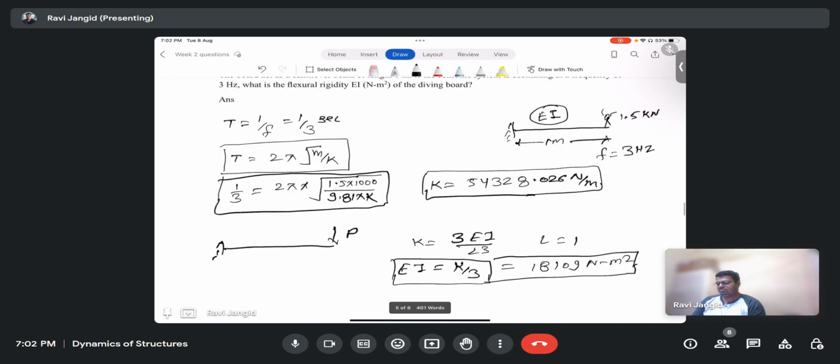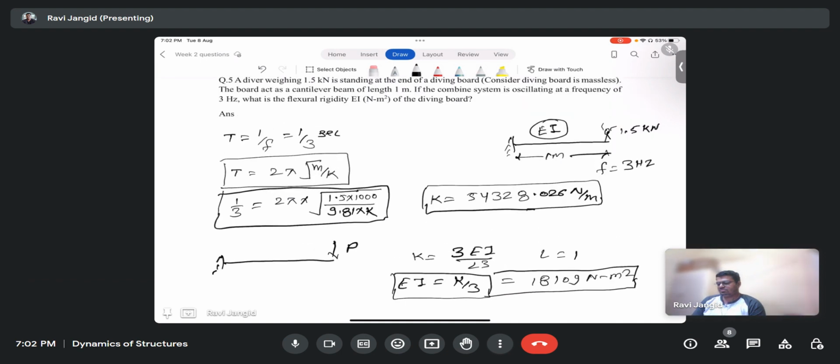Sir, in this problem, what if we consider the mass of the diving board too? Then your stiffness will change. Your time period is given to you, then you have to calculate the stiffness with the UDL kind of thing, how your mass is lumped. In dynamics you will see later that you have two kinds of systems, one continuous and one discrete.